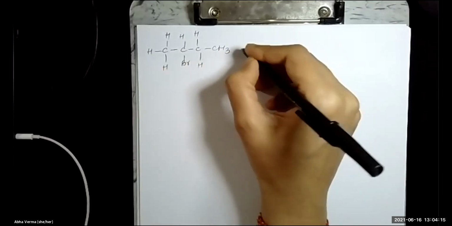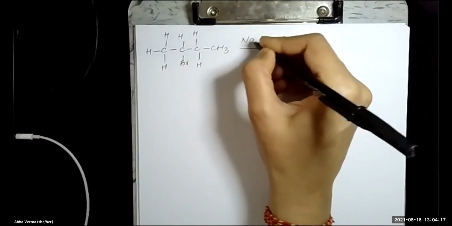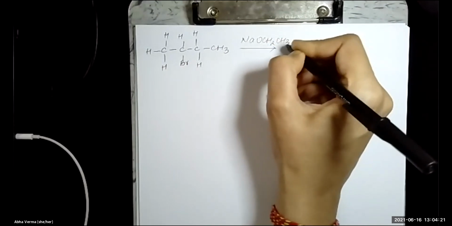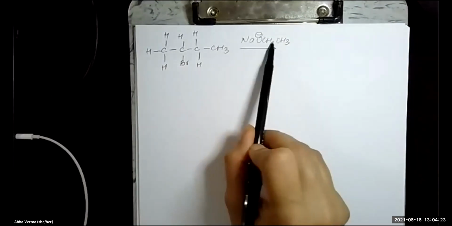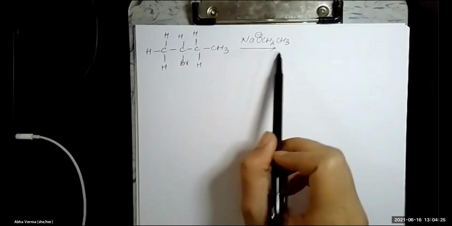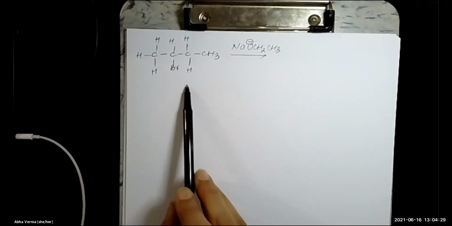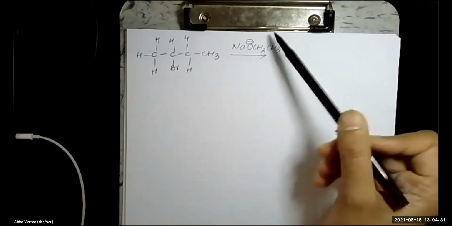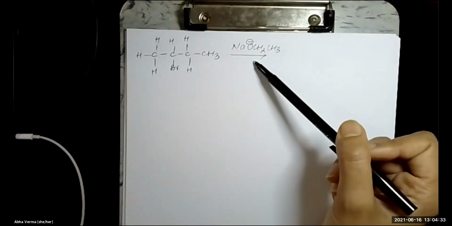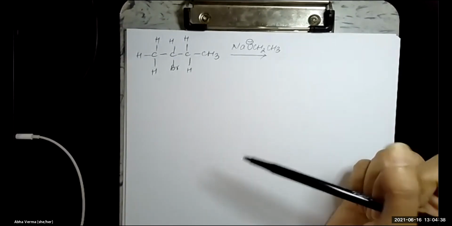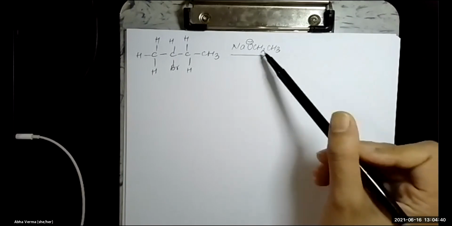I'm given this substrate and I have this reagent. Remember, having an ethoxide or a methoxide or any alkoxide should be your clue that you're going to see an acid base, a substitution kind of reaction. This is a more basic material than it is a nucleophile.